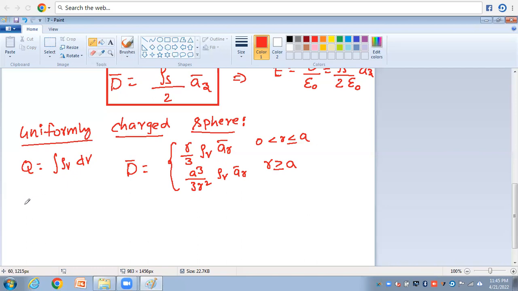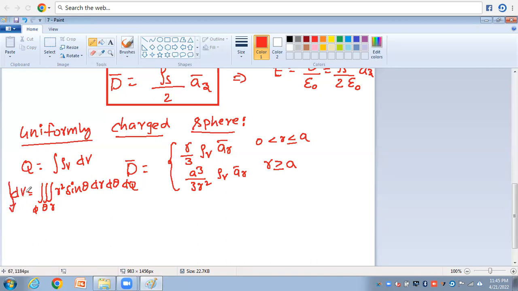Then I will go with the triple integral, over phi, theta and r, of r square sine theta dr d theta d phi, which is dv.